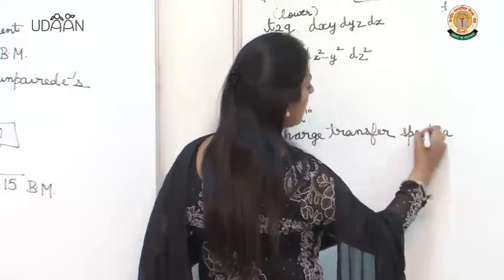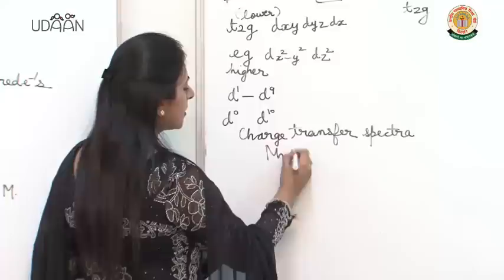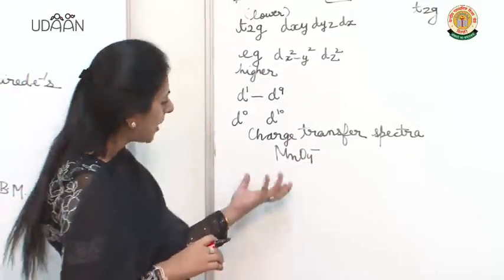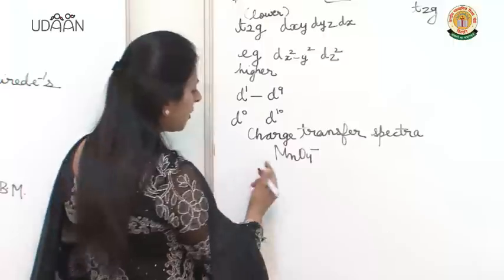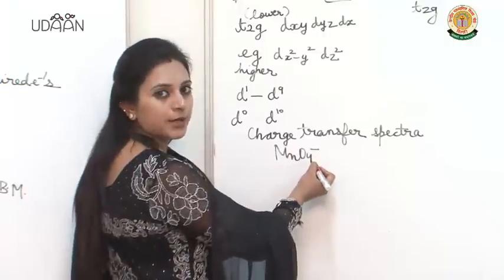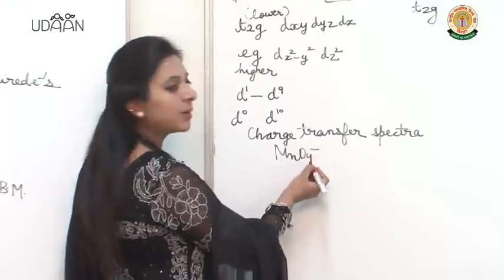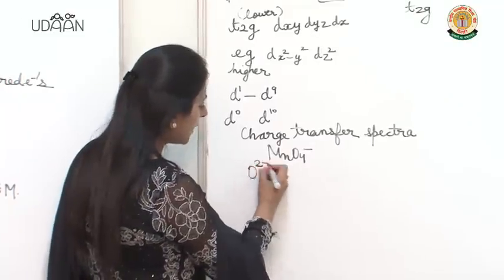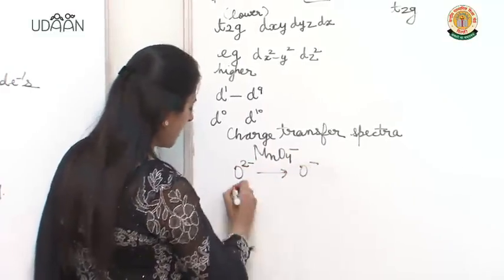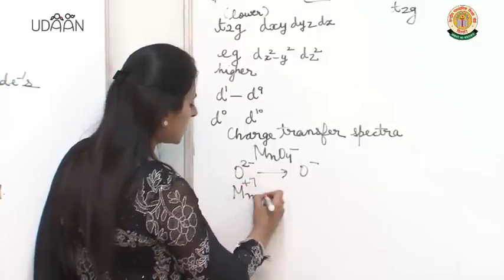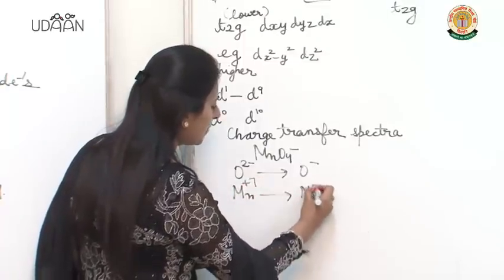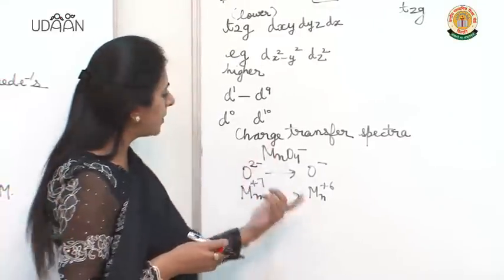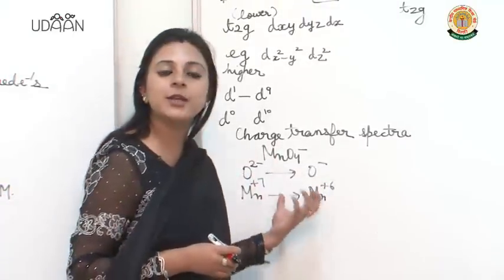When I talk about MnO4 minus, the purple color is due to the charge transfer spectra. What happens is that an electron from the oxygen atom is transferred to the manganese atom, so O2 minus changes to O minus and manganese +7 changes to manganese +6, and this charge transfer is possible only if the energy levels of the two atoms are very close.